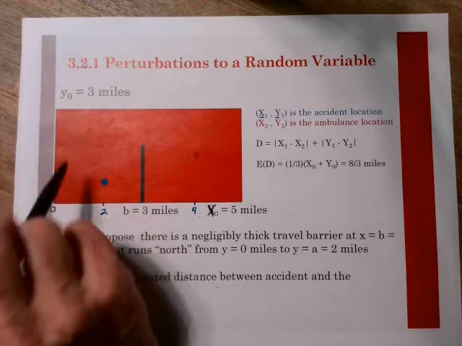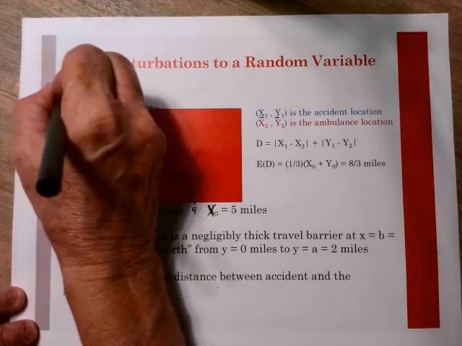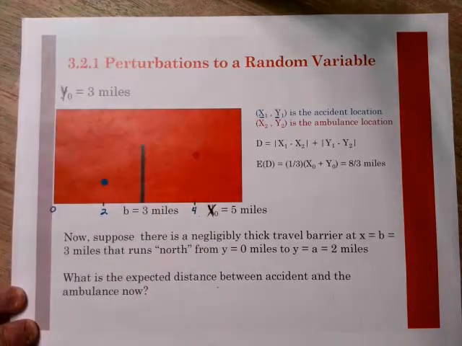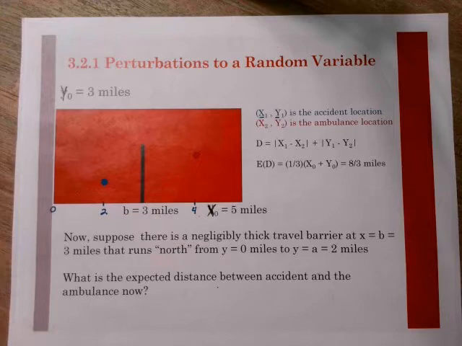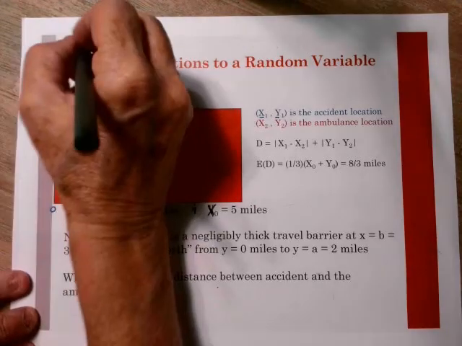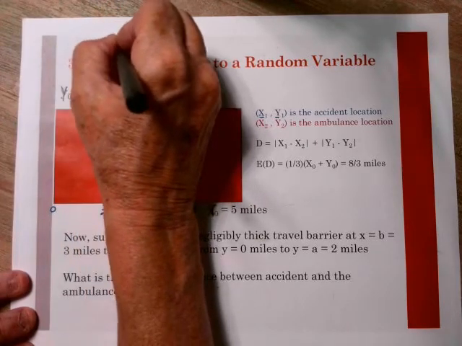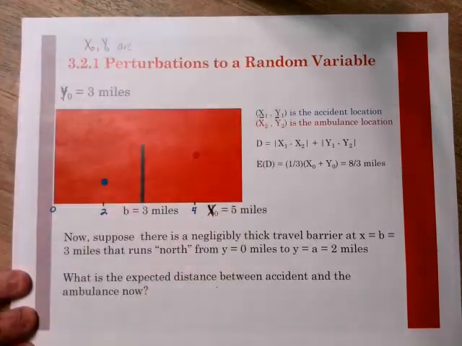Same thing up here with the y. The book actually uses a capital Y naught, and that's an actual numerical value. So I'm going to spend a few minutes here just getting you familiar with the situation and the notation. All right, so x naught and y naught are actual just numbers.